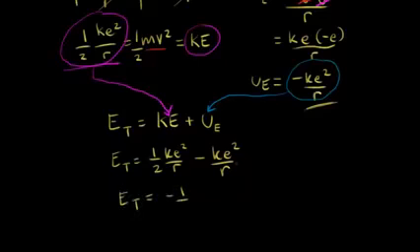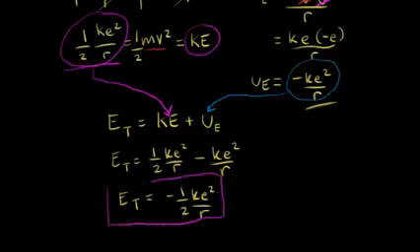So negative 1/2 Ke squared over R is our expression for the total energy associated with our electron.